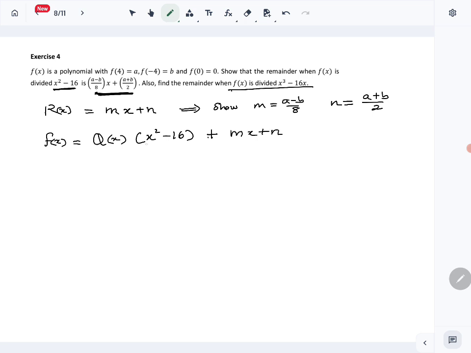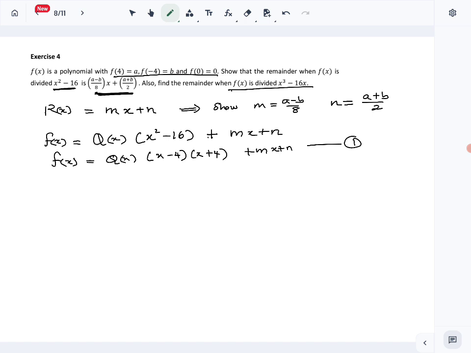Now again the divisor, if you can factor it, then it's easy. q(x), this is again a difference of squares, no? x minus 4, x plus 4, plus mx plus n, right? Let's take this as equation 1. Now we have to use this. We are given 3 polynomial values. We can use that, right?